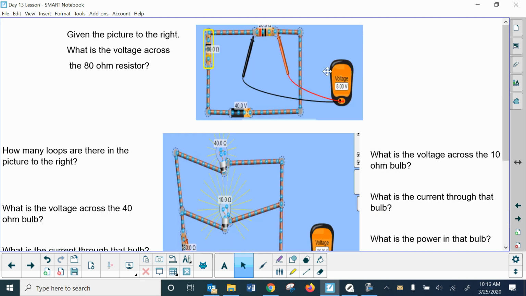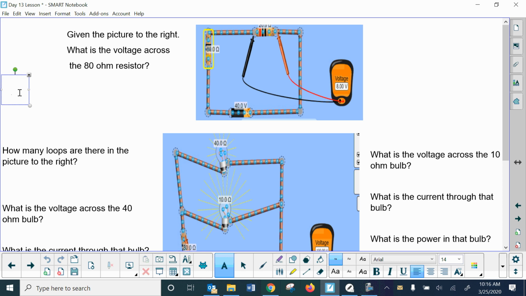We're going to go through an example here and see how you do. Given this picture, we know this is a 40-volt battery, and this is a 20-ohm resistor, and it's got 8 volts across it. We want to know how much voltage is across this 80-ohm resistor. Using that loop rule, I'm going to type it instead of writing it. We know we have 40 in gain.